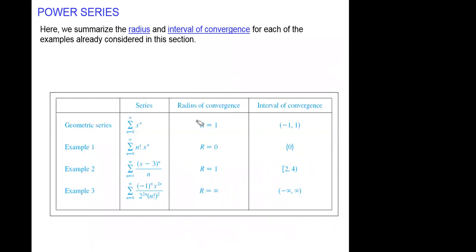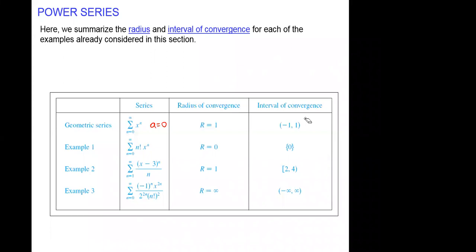Oh, and even the geometric one, because for the geometric one, we didn't really use the ratio test. We knew right away based on the geometric property. And even looking at the formula, we can see that the center is 0.